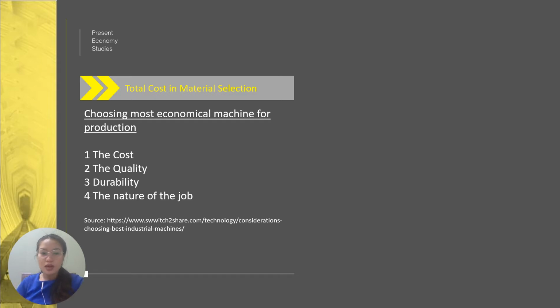Obviously, we have to consider the cost. Most of the machines that are used in industries are very expensive to acquire, and this makes most industries opt to rent rather than purchase the machine. For those industries that are able to own their machines, it is important to look at the price, again, because it adds to your production cost.